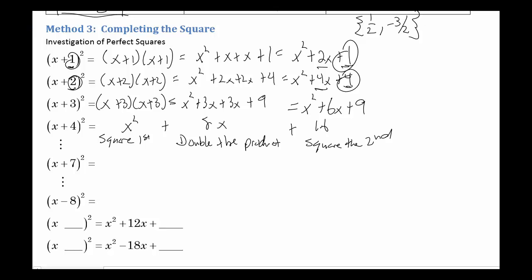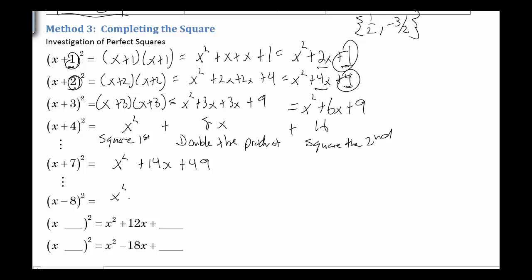Okay, try the other two for a second. So pause me, whatever you want to do the video, but see if you can figure out the next two without having to actually expand anything out. And hopefully you got x squared plus 14x plus 49 for that one.